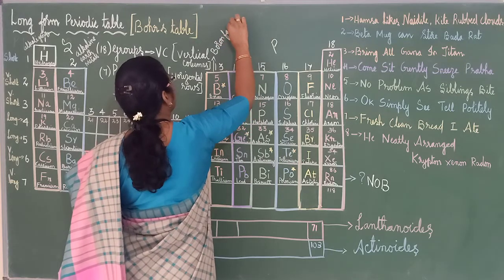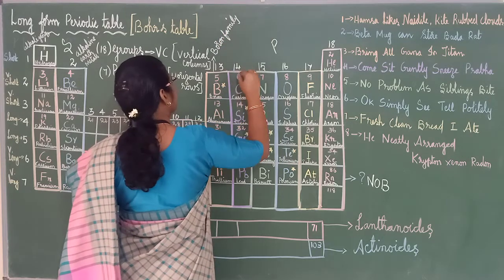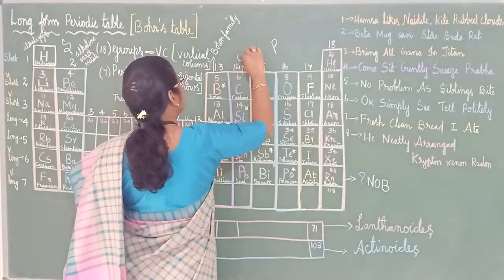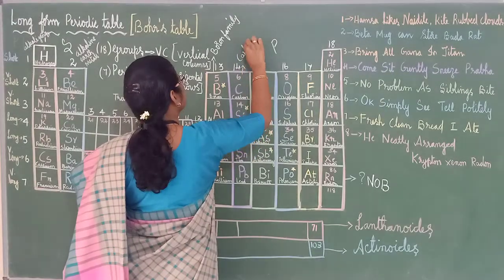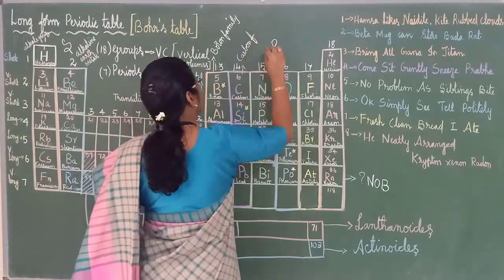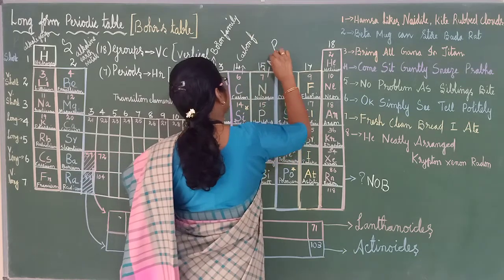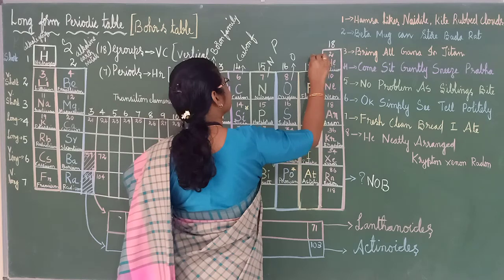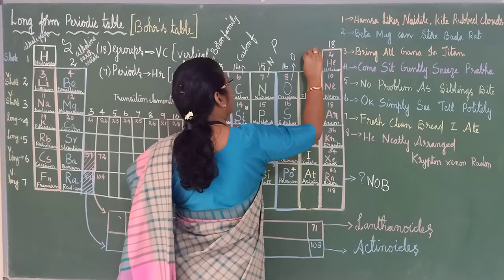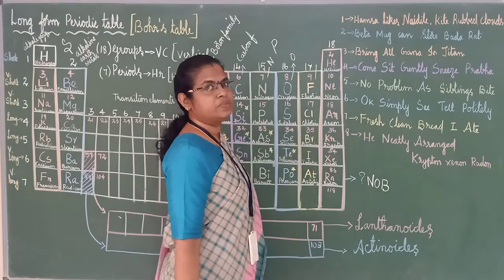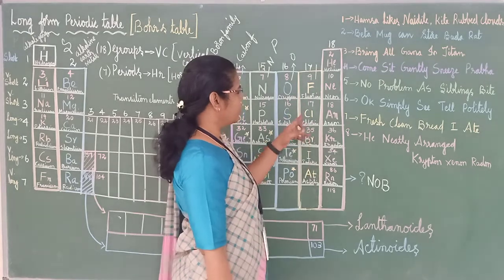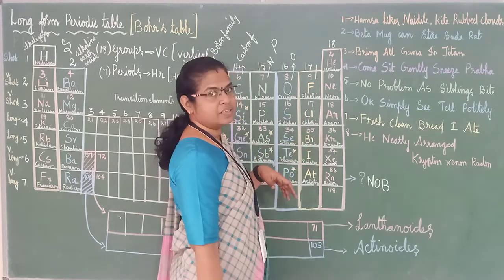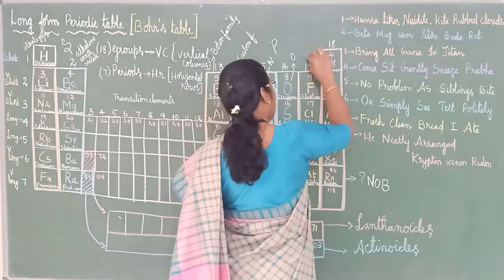Here the first member is carbon, so carbon family. This is the nitrogen family. This is the oxygen family. And can you tell me what this is? Fluorine, chlorine, bromine, iodine. They all come under halogens.